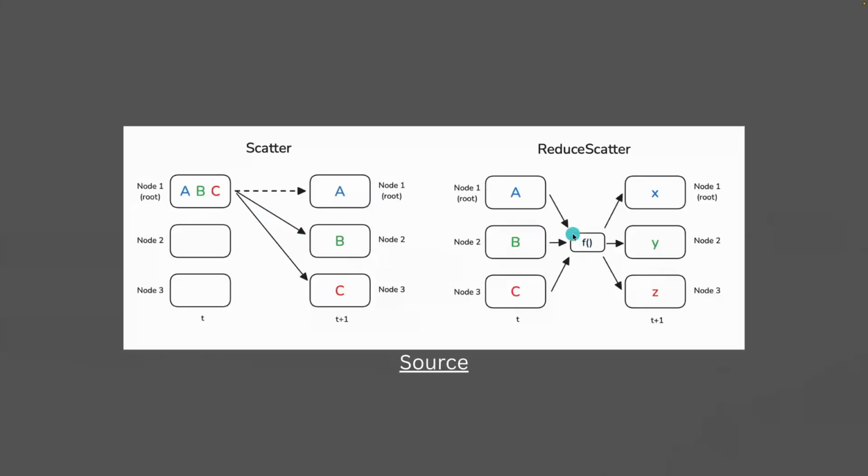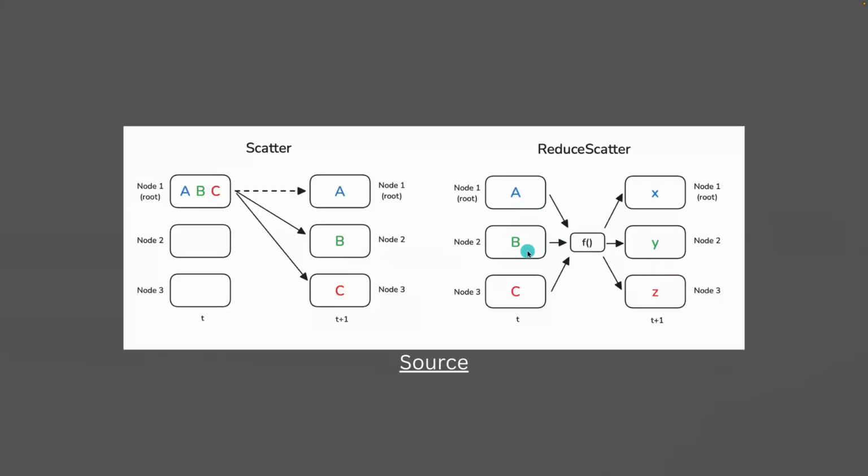And reduce scatter is a modification of scatter where you do some operations before scattering to different devices. Suppose you have data in all of these, and you collect them in a buffer and do some operation, and then send the partial data that belongs to each of these nodes.